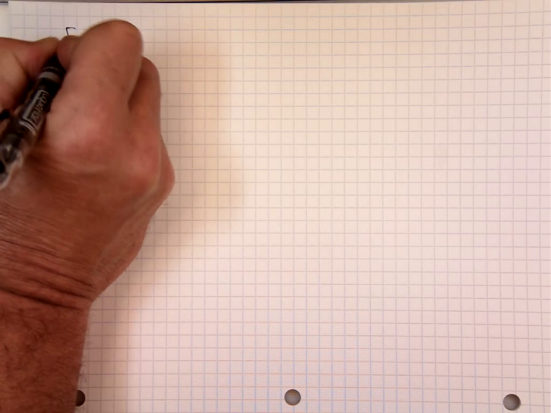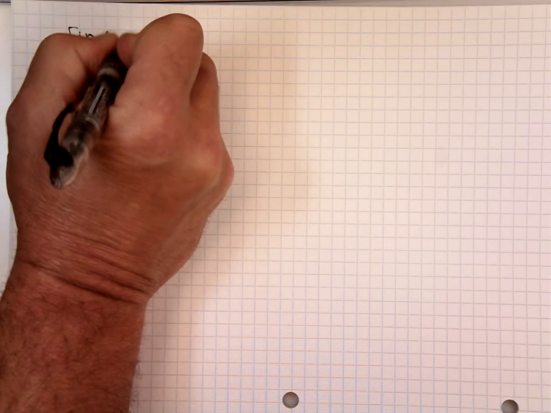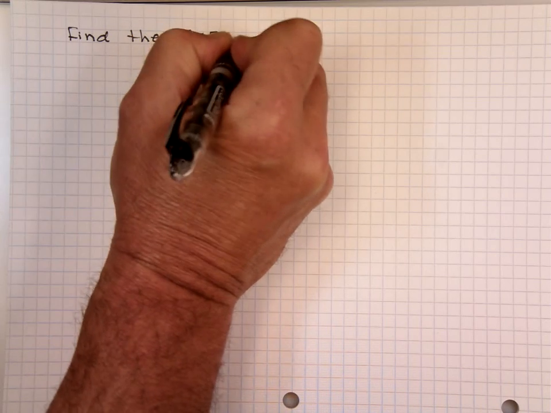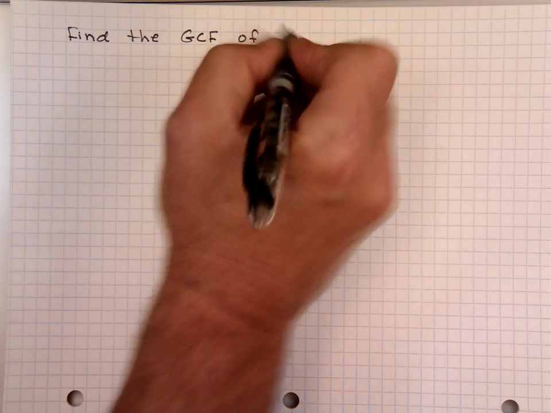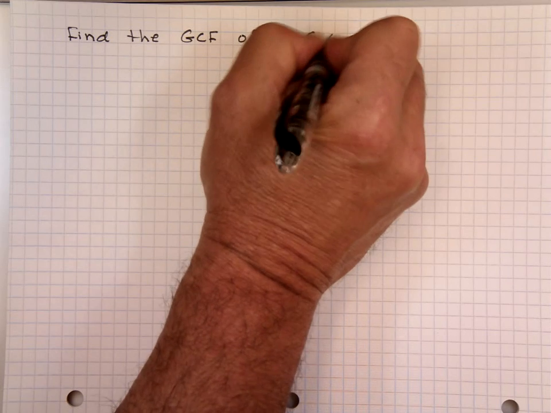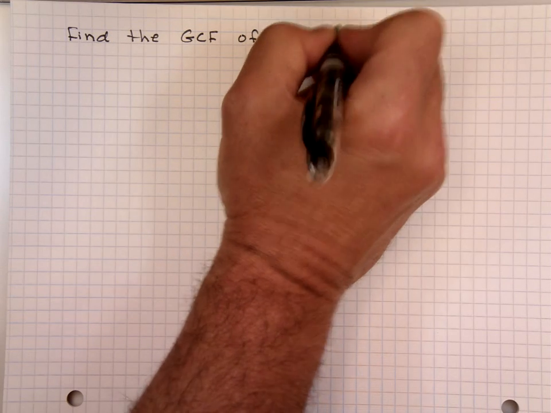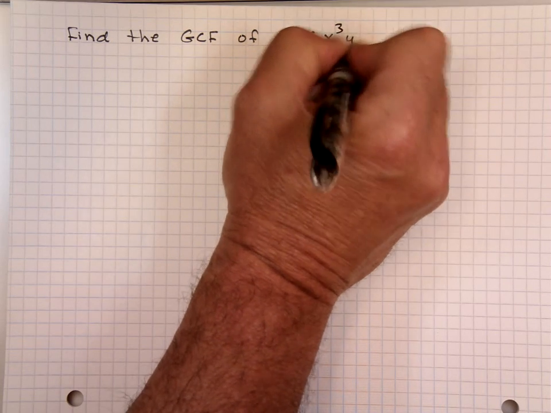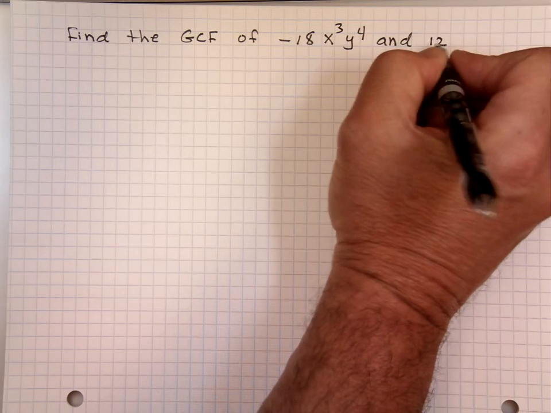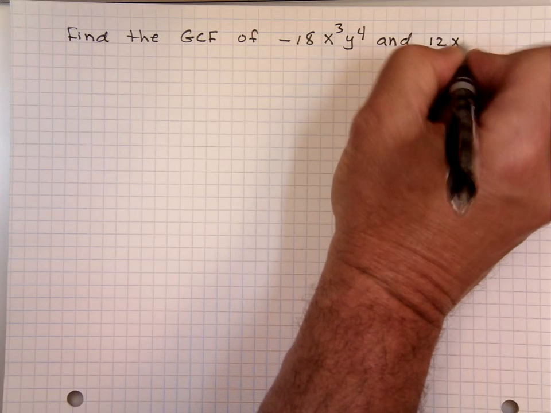Find the greatest common factor of negative 18 x to the third y to the fourth and 12 x y squared.